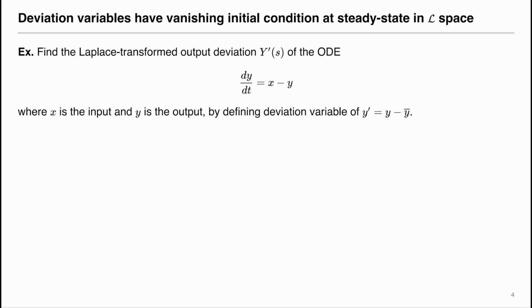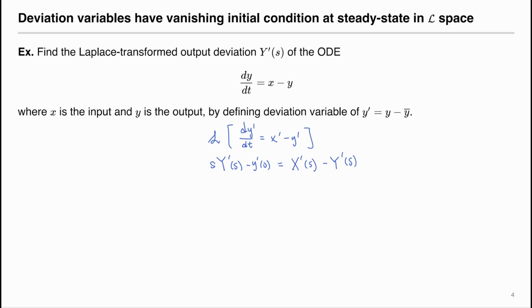You might think that the form that we got for deviation variable is very similar to the original. This is very different. We now want to look at the Laplace transform output deviation. Take the Laplace transform of the ODE of both sides, and we have on the left hand side the derivative s of y prime of s minus y prime of 0 equals to big X prime of s minus big Y prime.